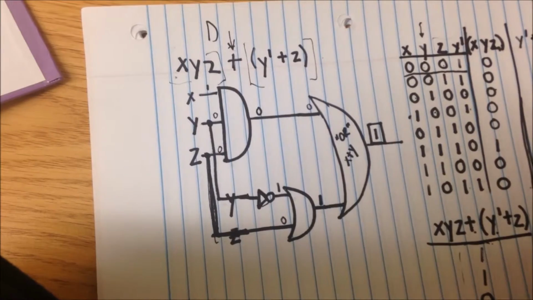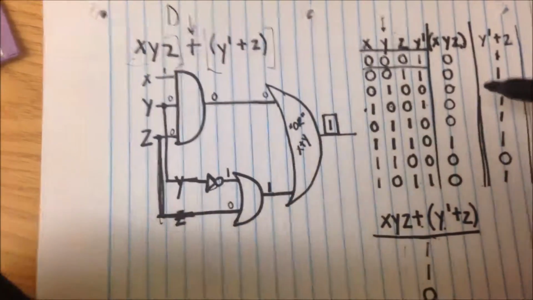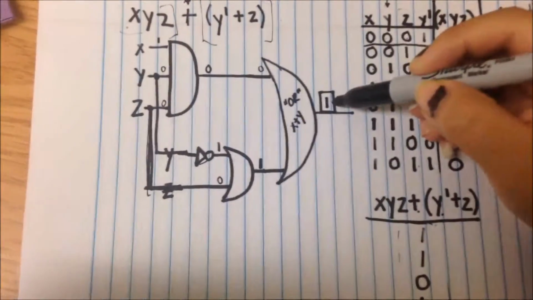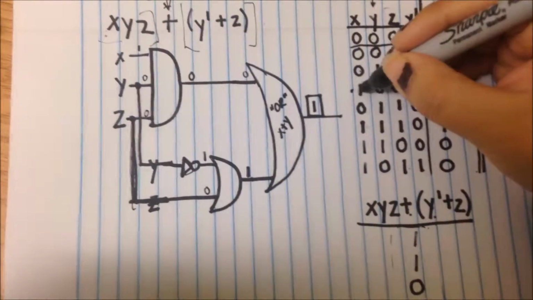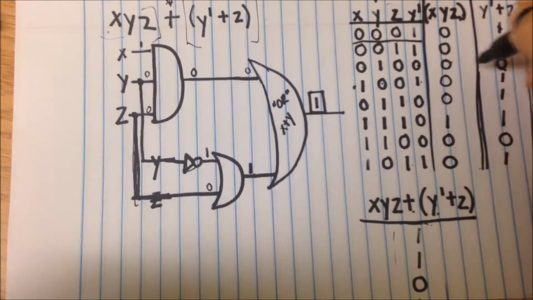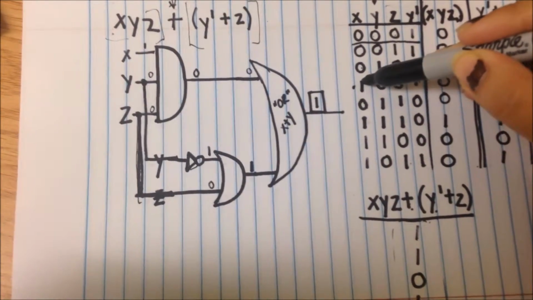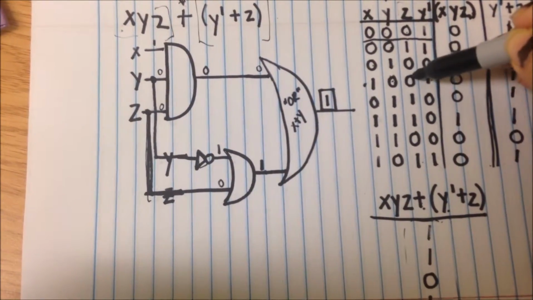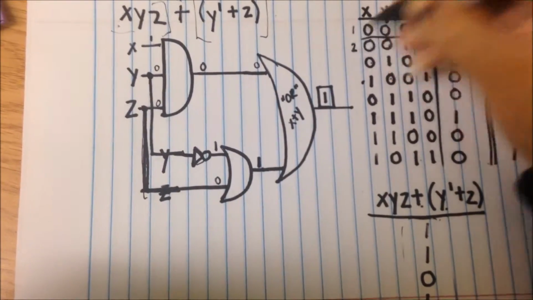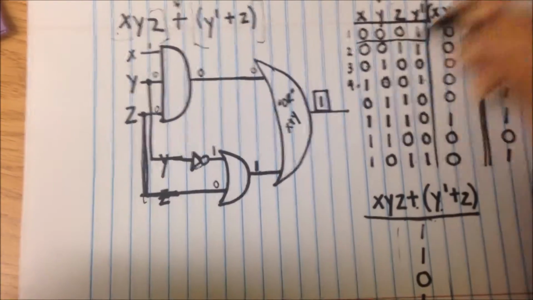And now you look at this. Right here, your output is 1, and we looked at this one, so it's 1, 0, 0, 1. Since we did 1, 0, 0, this is your fourth row.